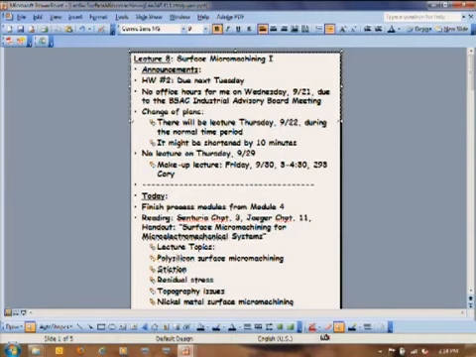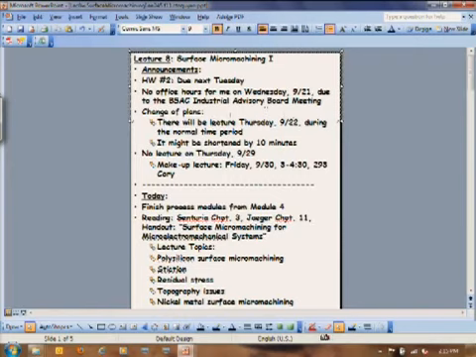If it was 3 to 4:30, how many cannot make it? Same. All right. Might as well make it 3 to 4:30 then. Oh, 4 to 5:30? Oh, okay. All right, so 3 is better. Starting at 3 is better, because you get at least 1 hour. Okay. All right, so this is what we'll do. And so we do have lecture this coming Thursday. Any questions about anything logistically?